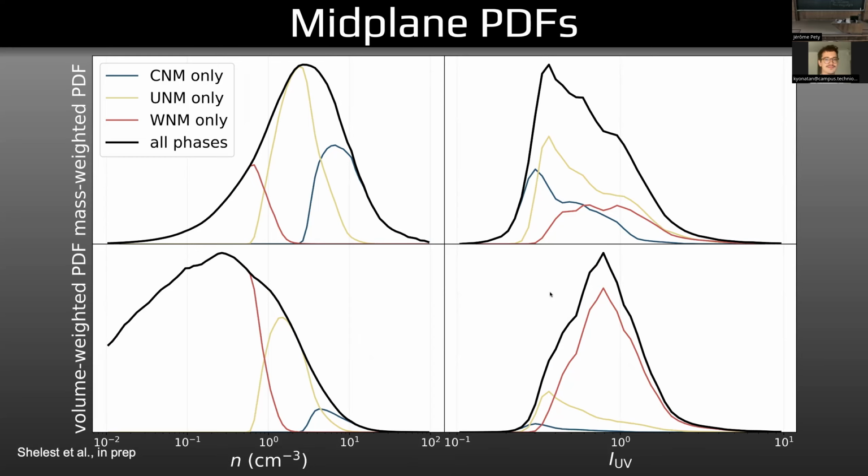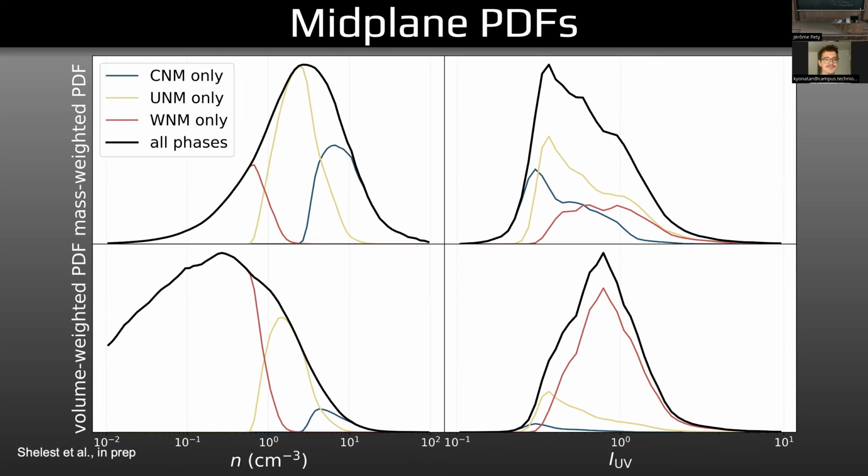The blue line represents CNM and yellow UNM. So what we see here, the left two plots are about density, and the right ones are UV. The bottom ones are volume weighted and the top ones are mass weighted.